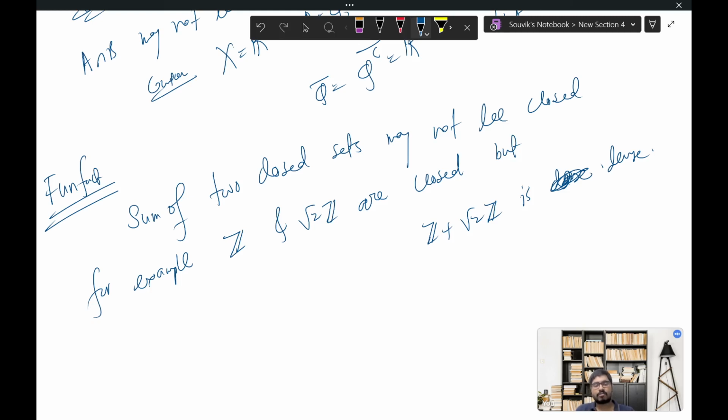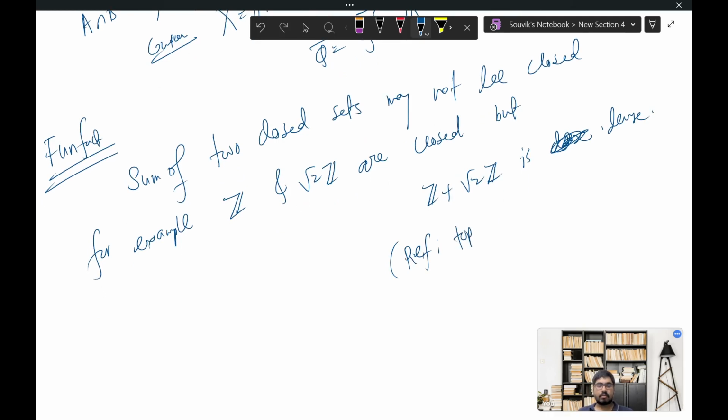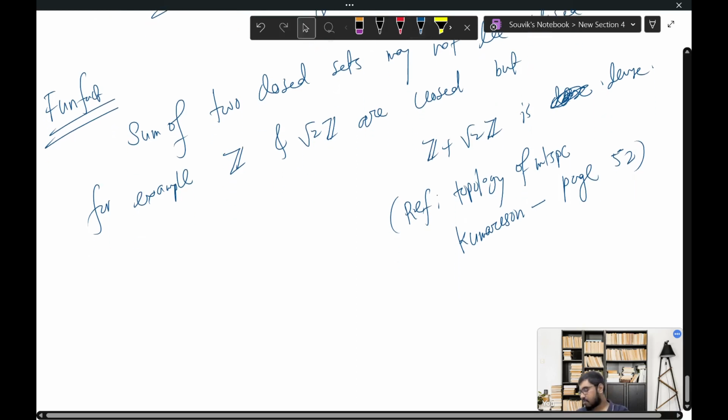You need to assume it because the proof is very tricky. You can find this proof in the book of Kumaresan, around page 50 to 52. Right now, time constraints make it impossible to go through this.